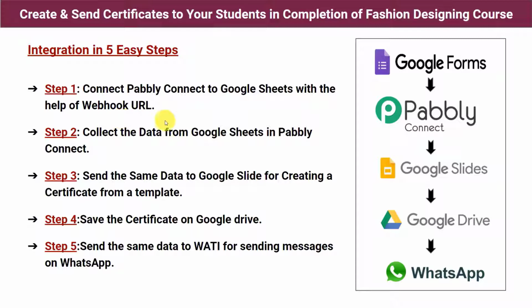I'll show you what a webhook URL is and how you can perform this process. Now let's read step number 2, which is collect the data from Google Sheets in Pabbly Connect. Okay, now the same student data which we have captured in the Google Sheet, we have to transfer it to Pabbly Connect.